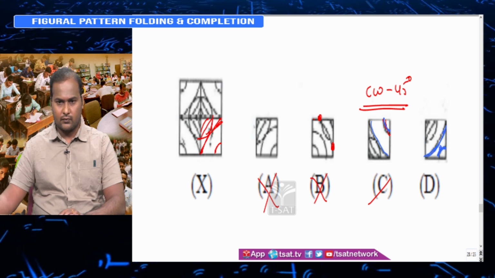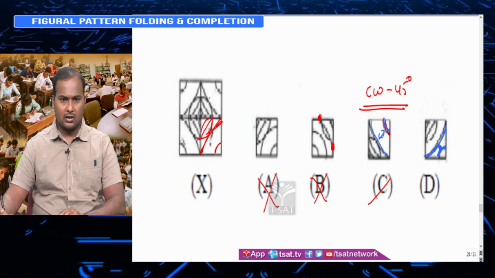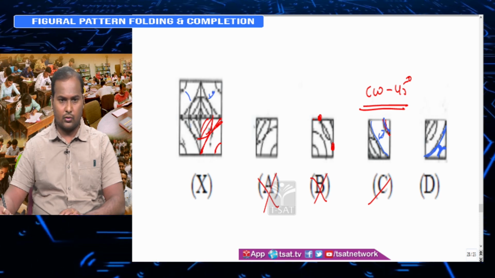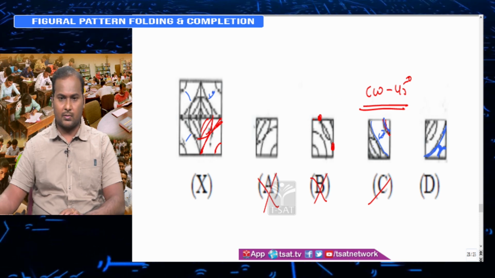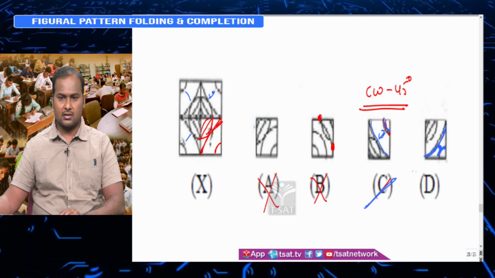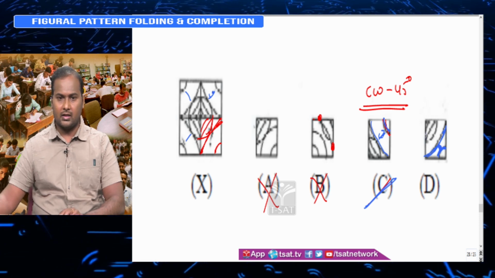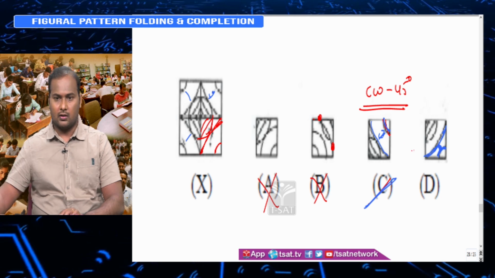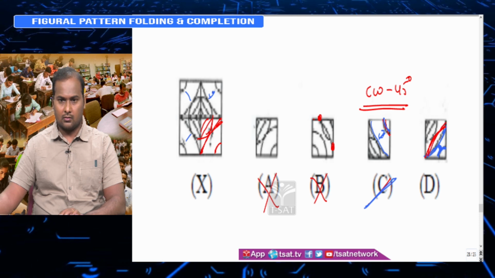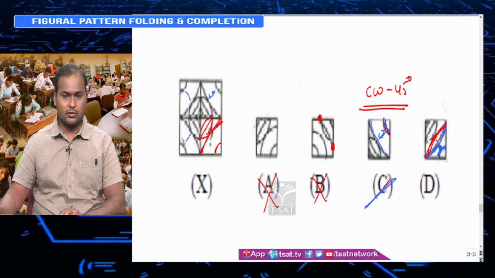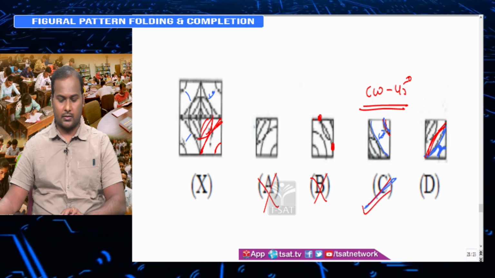So the space is very, very small here, but you can see a huge amount of gap here. Here also a huge amount of gap. Here also huge amount of gap. Here also a huge amount of gap. Because of this gap that is present here, option C will be the answer. In case of option D, it is very, very meager, and moreover the inner line is inverted. In option D, the line should be like this. Then your option D will come into the competition. So because of this reason, the answer is option C.